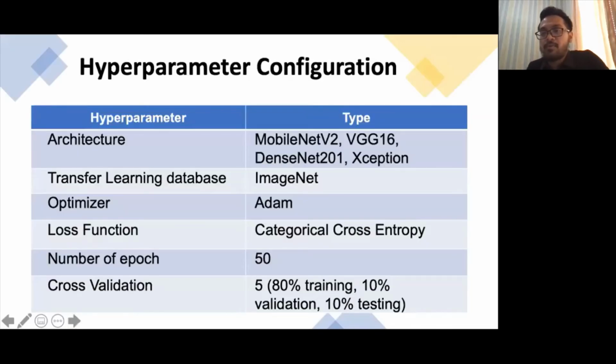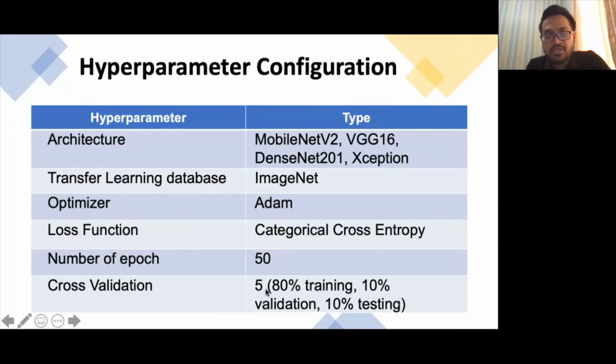These are the hyperparameters we use in this study. As I mentioned before, the architectures are MobileNet version 2, VGG16, DenseNet 201, and Xception. For transfer learning we use ImageNet, and for the optimizer of all these architectures we use the Adam optimizer. We use categorical cross entropy for the loss function, and the number of epochs is 50.